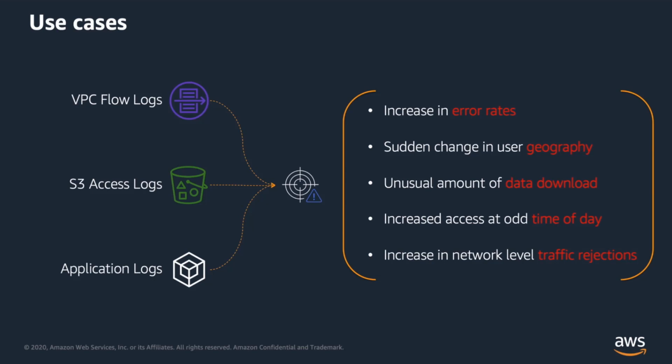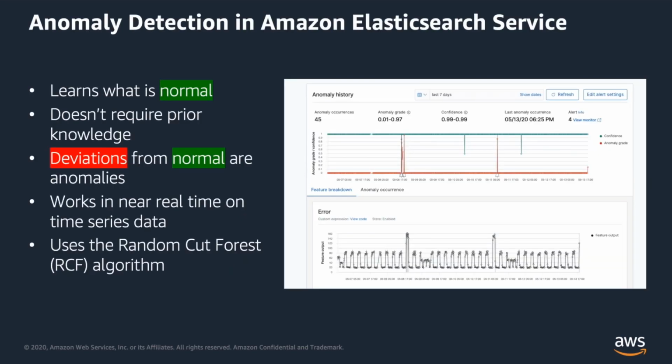That could indicate, again, potentially problems with your network configuration, or potentially these are security risks that you should investigate further. So these are just some of the use cases where you might want to use anomaly detection.